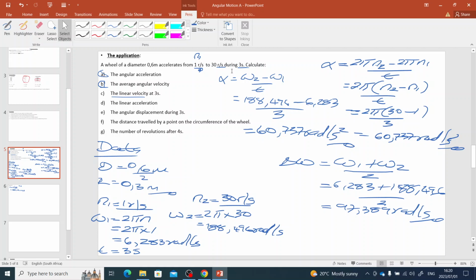Now when you go back to the given statement, a wheel of a diameter 0.6 meters accelerates from 0 to 30 rad per second, which was reached in 3 seconds. That is why we are going to use omega 2 in calculating the linear velocity.